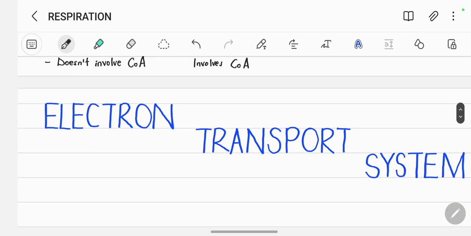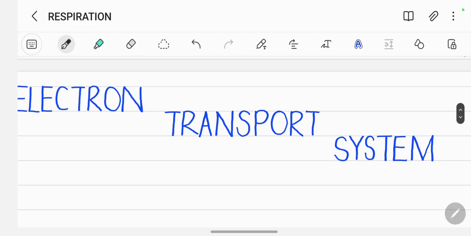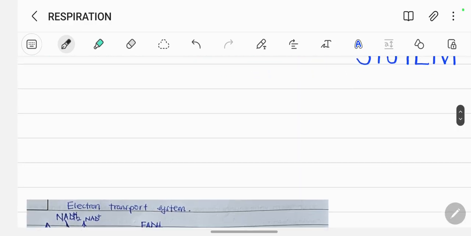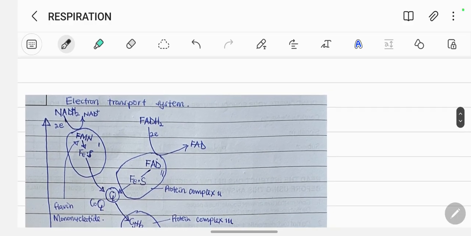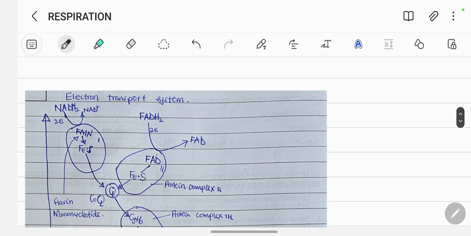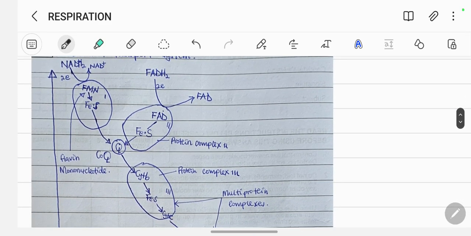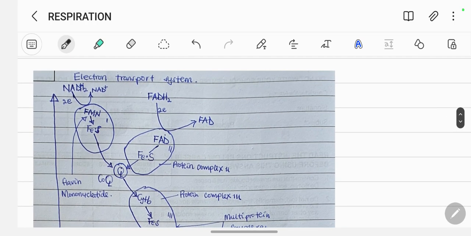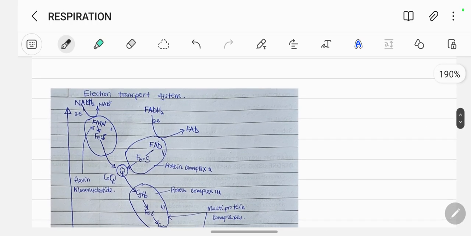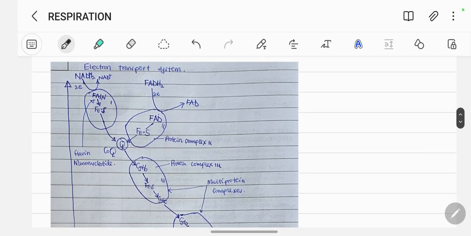Then we move on to the electron transport system. I have my illustration here for the electron transport system.